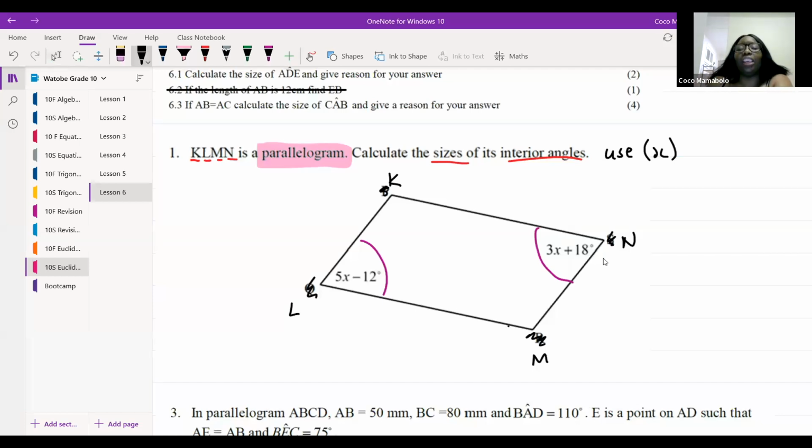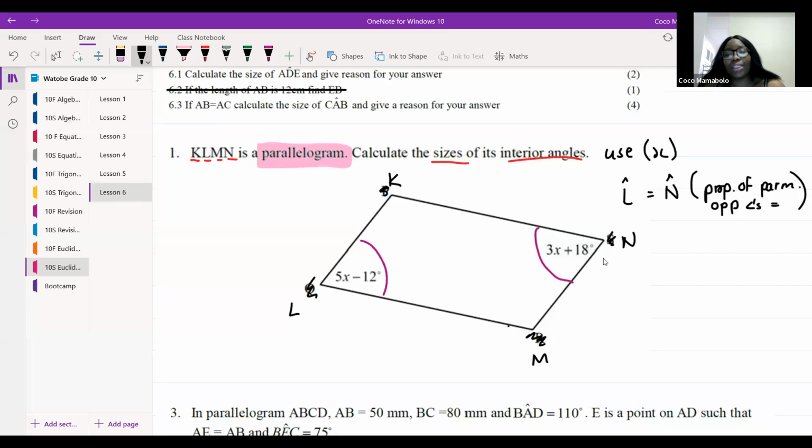So I'm going to make the statement: angle L is equal to angle N. Now I can use the statement, properties of a parallelogram, because now they've told me. And then I have to say opposite angles are equal. I need to make sure I'm saying both of those things.